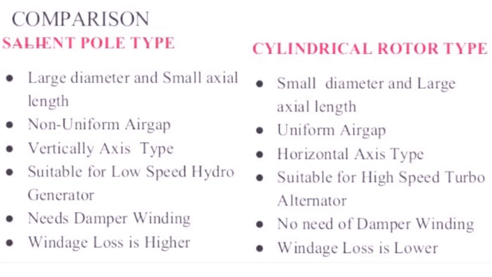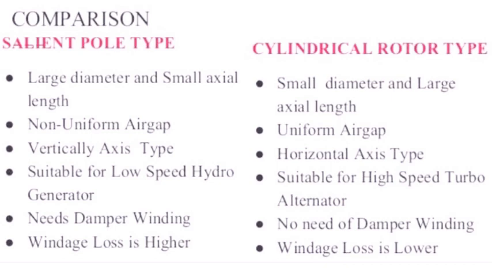And the salient type synchronous motor and generator has a non-uniform air gap, due to the large diameter and small axial length, but the cylindrical type synchronous motor has a uniform air gap. The salient pole type rotor is vertical axis type, but the cylindrical rotor type synchronous motor is horizontal axis type.